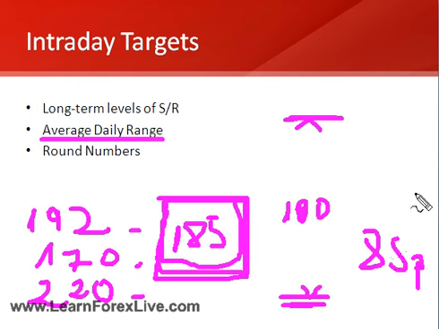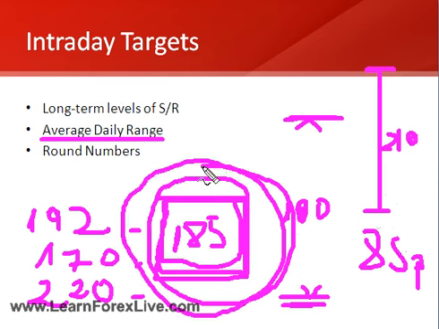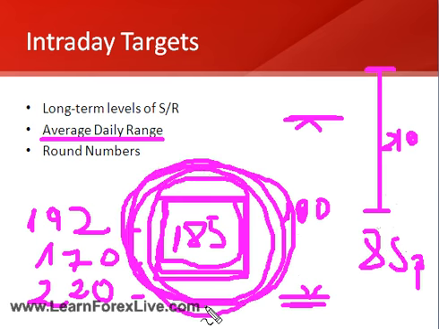However, if by the time you take your entry, the distance between the low and the high for that particular day has been, I don't know, 210 pips, you know that you should not be taking any further entry anymore. How is that? Because that currency pair has already moved more than what it usually does from a statistical point of view. And therefore, you would be entering a trade that doesn't have any juice left for the day, that has run out of steam, run out of gas.